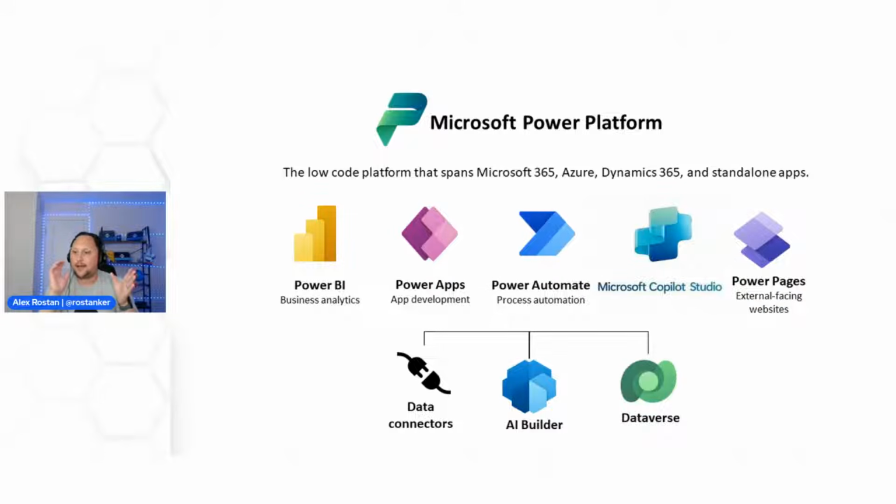Then we have data connectors, and at this point we have more than 1,000 connectors. AI Builder is a low code way to apply AI. And then Dataverse: you can see Dataverse as the database for the Power Platform, but it's more than this. It's a group of services on top of data. It's not just a database.